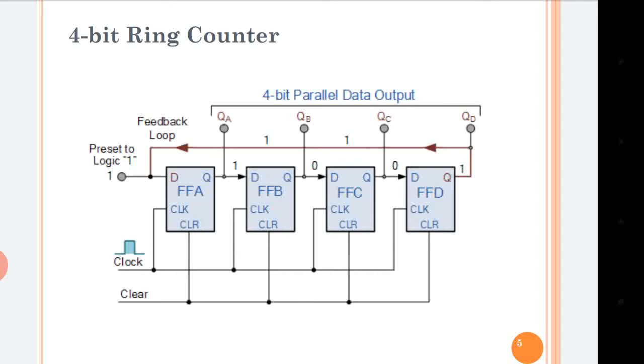The first input of flip-flop A, that is D, is connected to the last output, that is Q. Now you will observe the output Q of flip-flop A, that is QA, is connected to the DB, that is the D input of flip-flop B, and so on. That means the output of the first is connected to the input of the next flip-flop. The clocks are common. That's why it is a synchronous circuit, we can say.